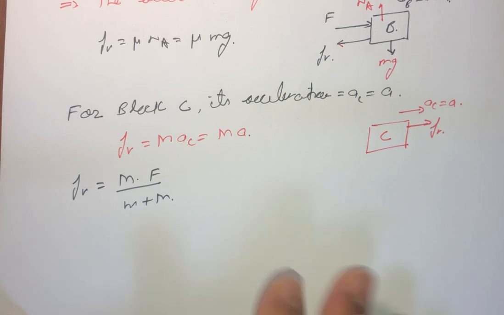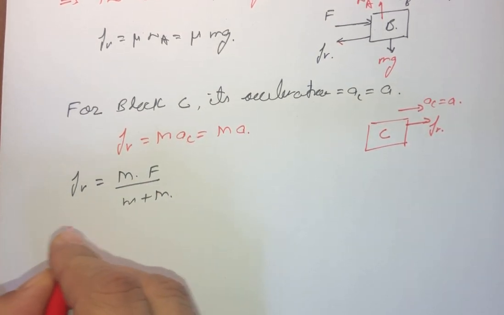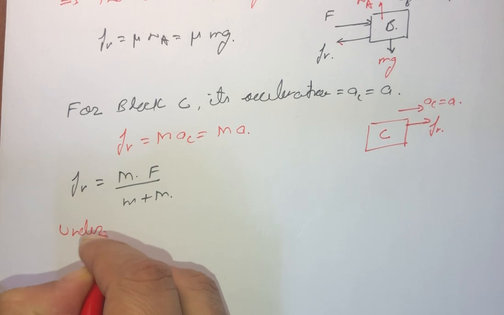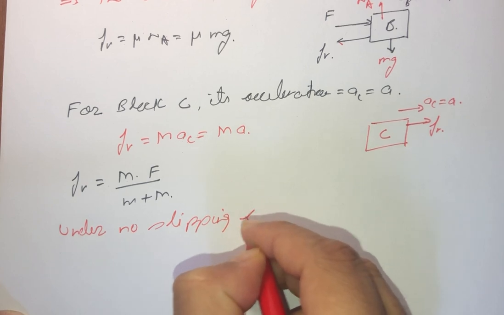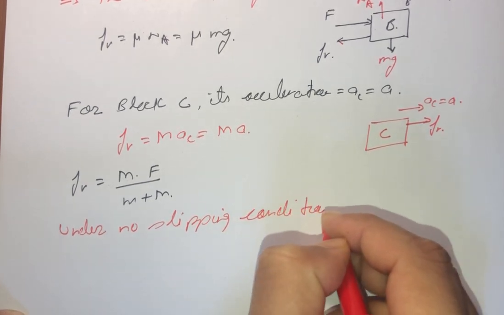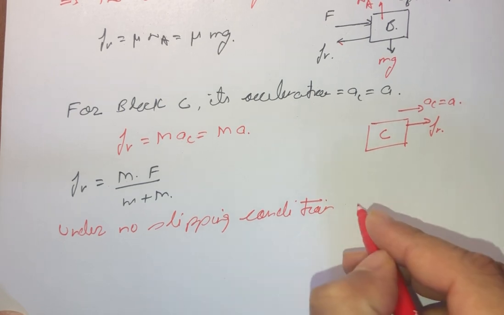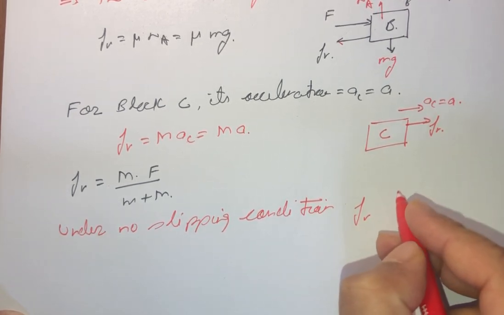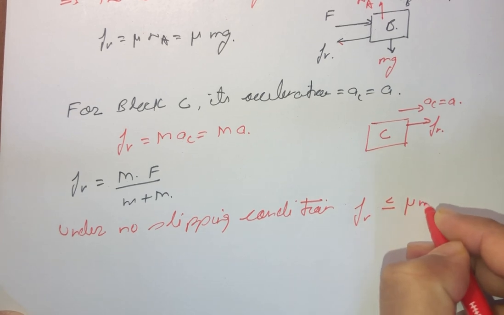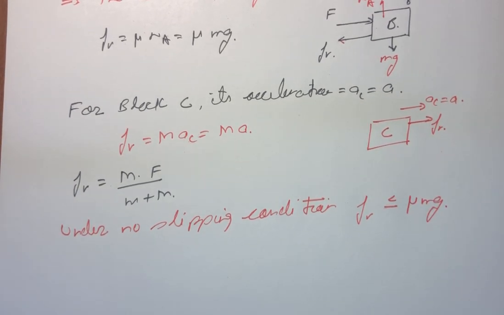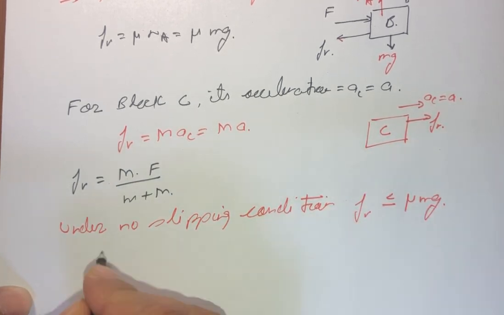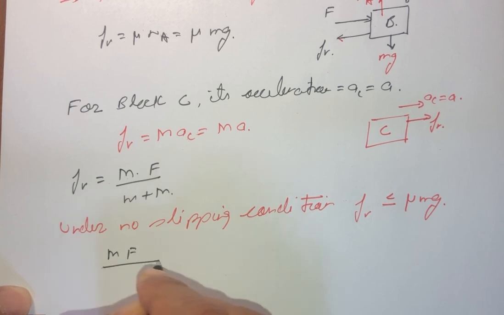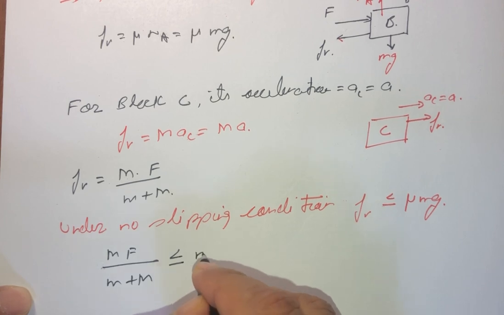So we can also say that under no slipping condition, we should have Fr less than or equal to mu mg. That's a limiting value of the friction. So we already know Fr, we put it here, we get M F divided by m plus capital M is less than or equal to mu mg.